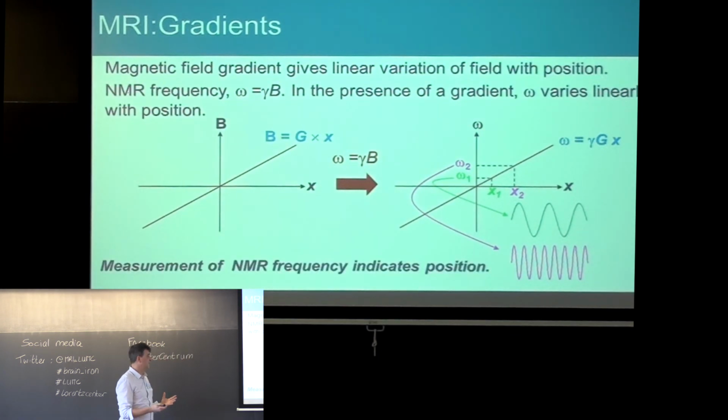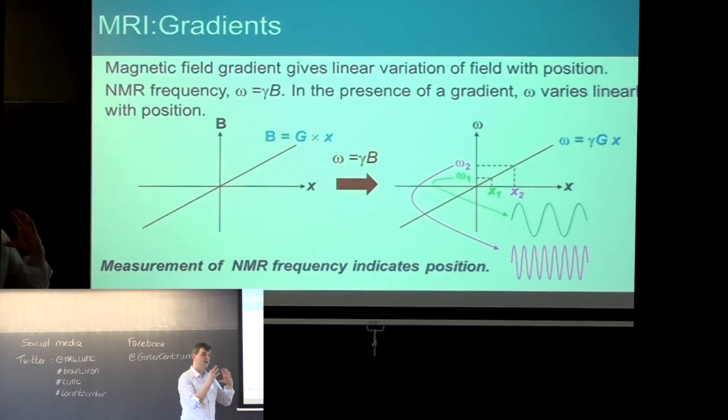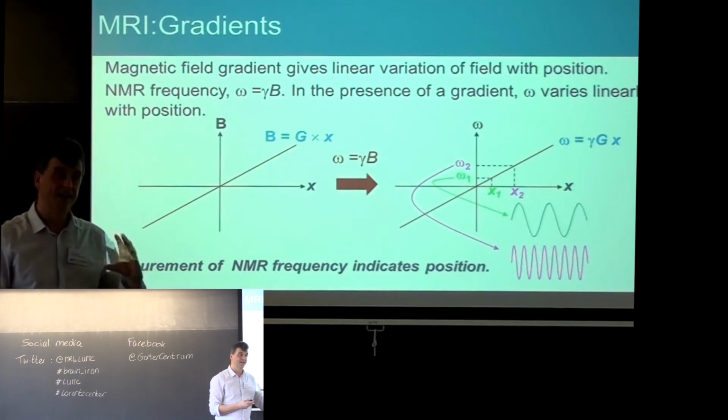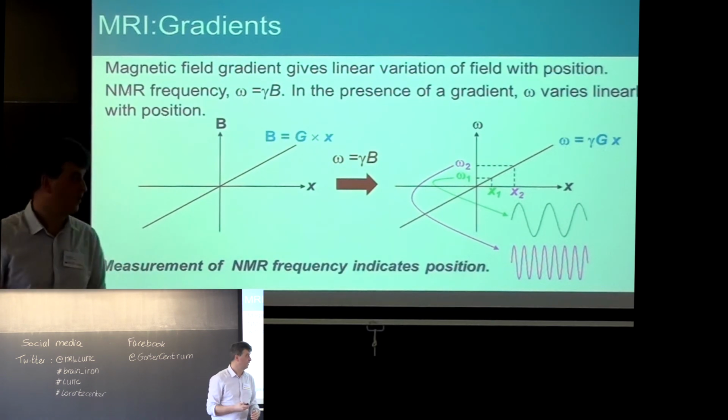The measurement of the NMR frequency indicates position. That's really what underlies magnetic resonance imaging. You apply additional field that varies with position, and then you measure the frequency of the signal, and that tells you where the signal is coming from.